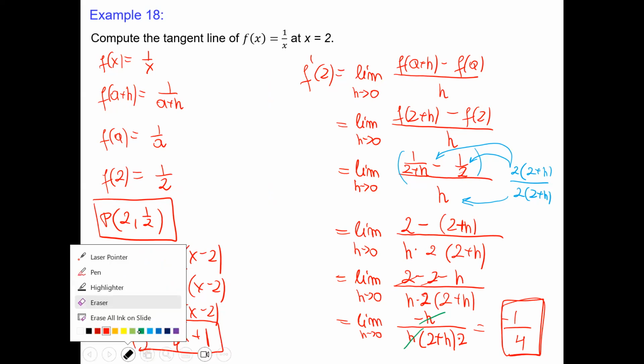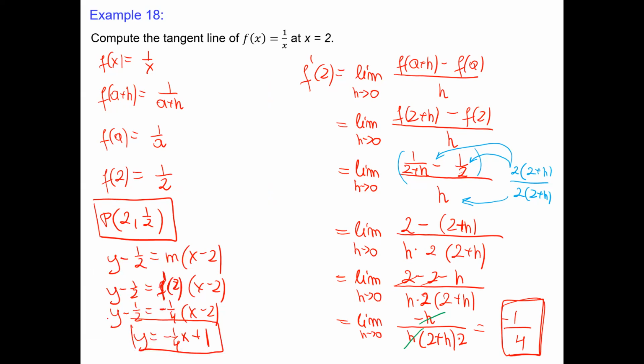Let's check if negative makes sense. I can draw a function. 1 over x looks like a hyperbola in the first and the third quadrant. And we're looking at (2, 1/2). That means the slope of this line. Maybe let's use purple. Slope.